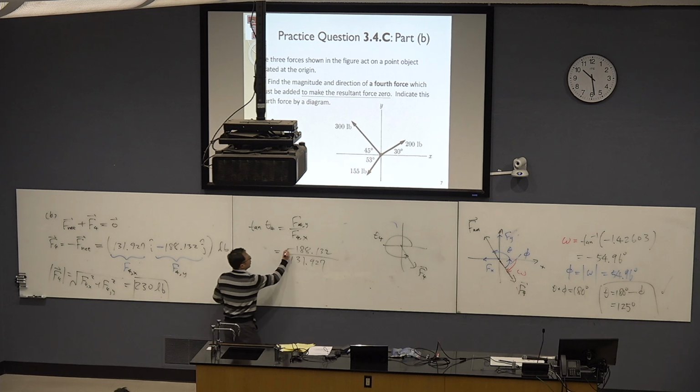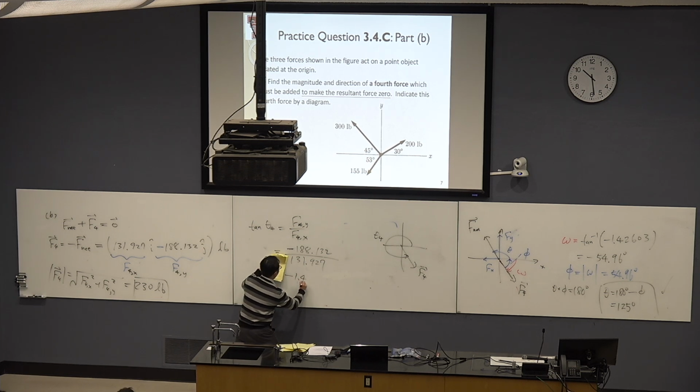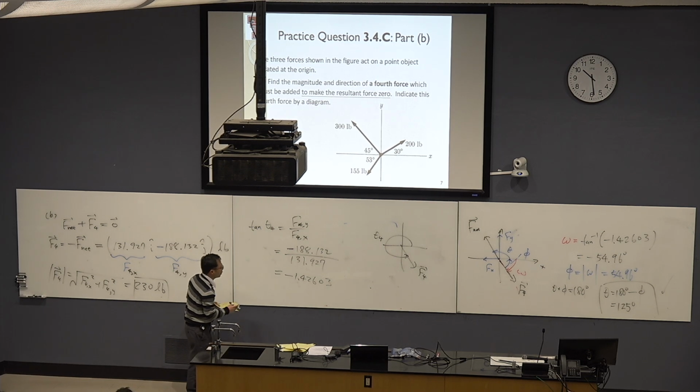Even though the y component is now negative and x is positive, you will still get the same ratio, which is negative 1.42603.